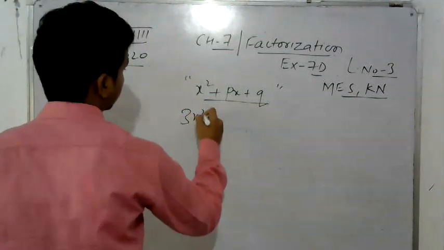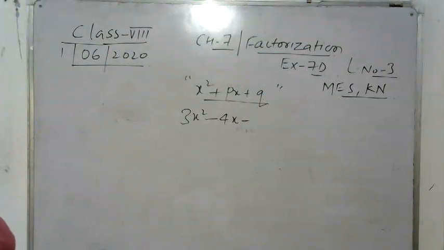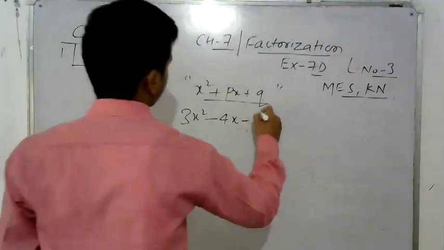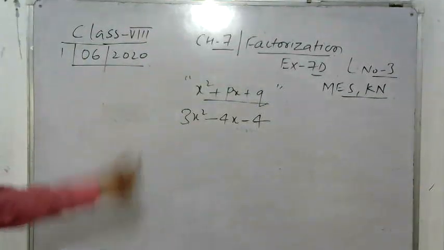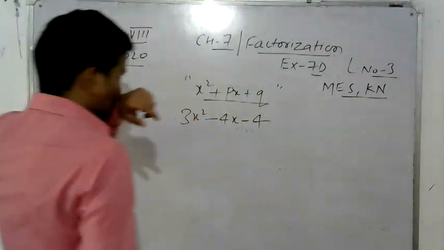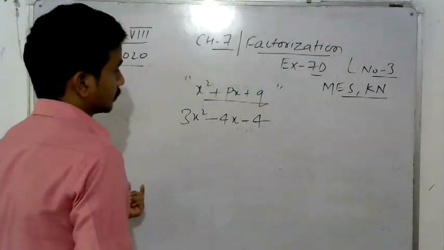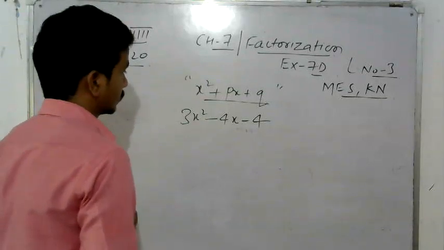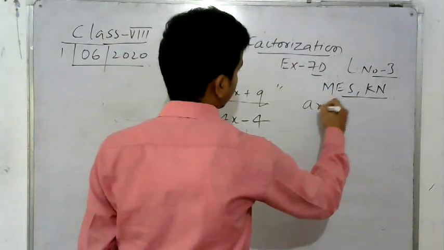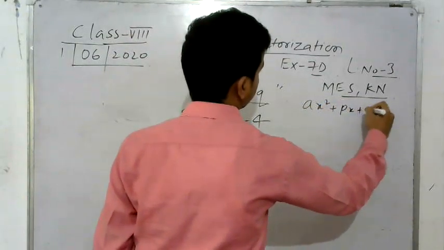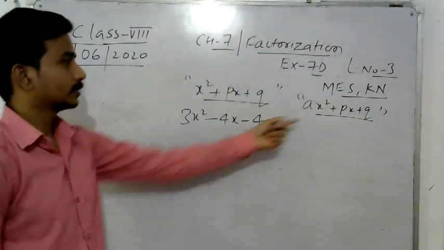3x square minus 4x minus 4. This is of the form ax square plus bx plus c.